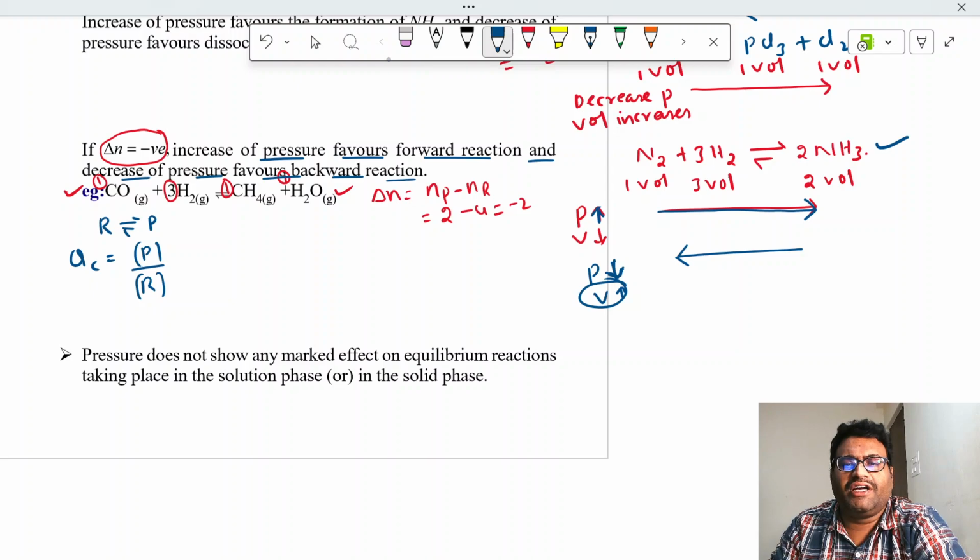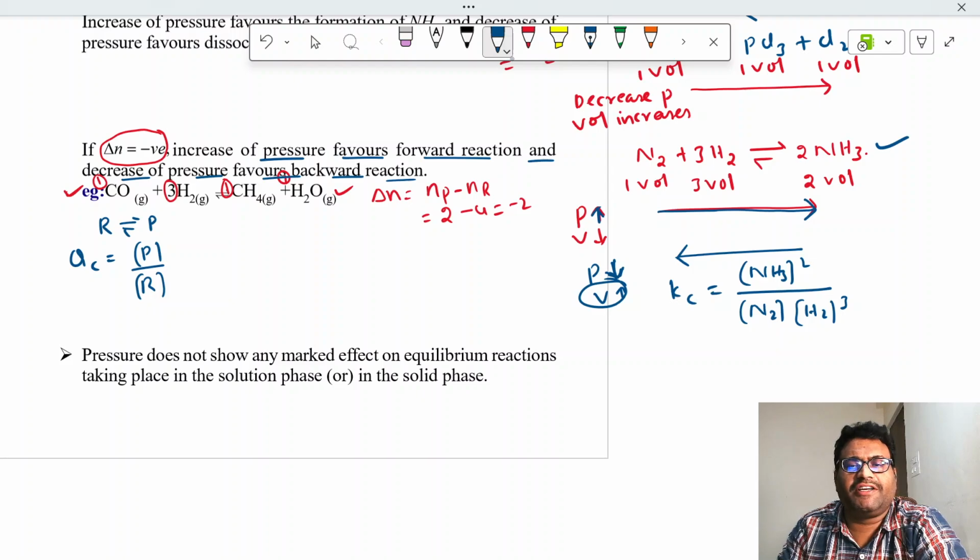So what will you write? Kc, let us write Kc, whatever, you can write both to understand. Kc is equal to concentration of NH3 square by concentration of N2 and concentration of H2 whole cubed.